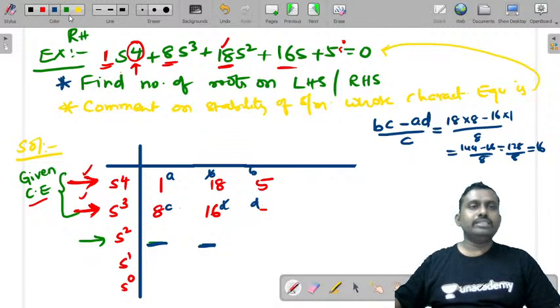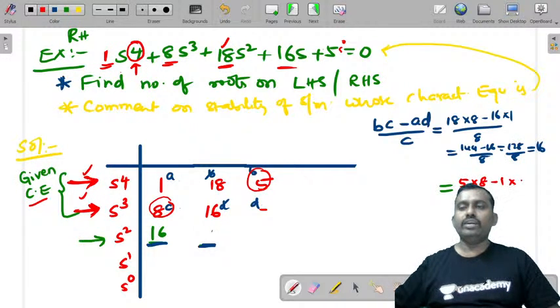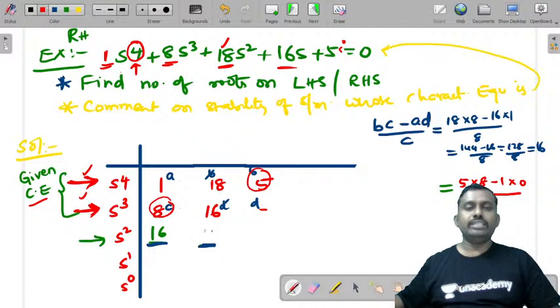So this value is 16. Now to find this one, we have taken the second column, where C is 8, B is 5. So 5 into 8 minus A, which is 1, and D you don't have anything, so it is 0, by 8. This will give you 5. So the second element in the third row is 5, and this is again a 0, or you can also make it a 0 here.